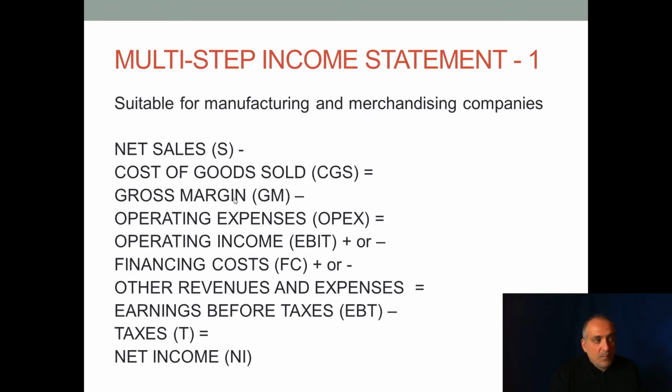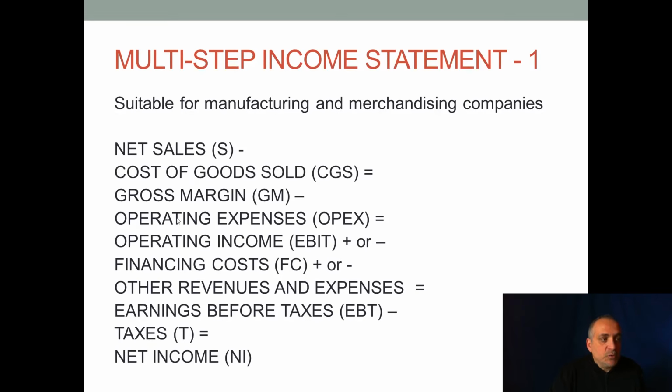Again, net sales are difficult to be influenced by policies that tend to increase or decrease them artificially. Gross margin, we all know, is more, how to say, possible to manipulate.